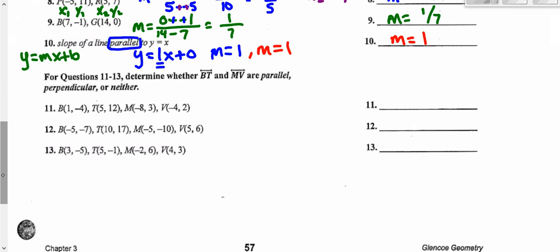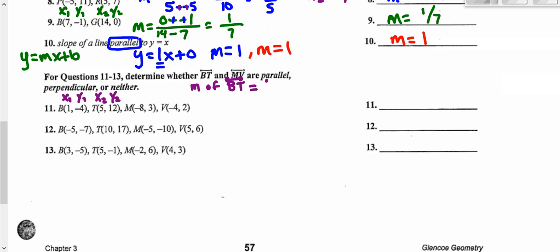So here we need to determine whether the two lines are either parallel, perpendicular, or neither. So let's take a look at this. Like we did before, let's label the points. So we'll go with the 1 as an x1, and then the negative 4 is the y1, x2, y2. Let's find the slope of BT. So I'm going to write that like this. Slope of line BT.